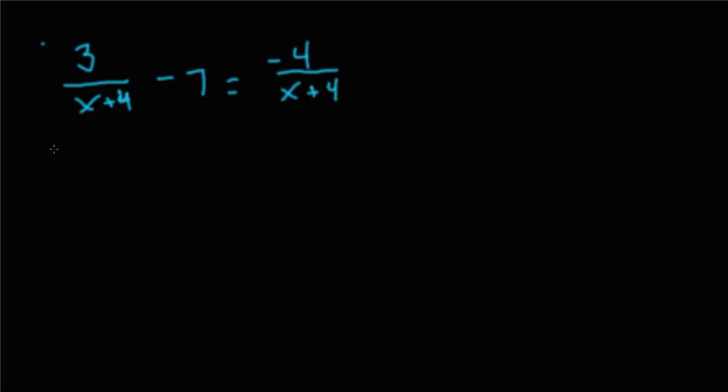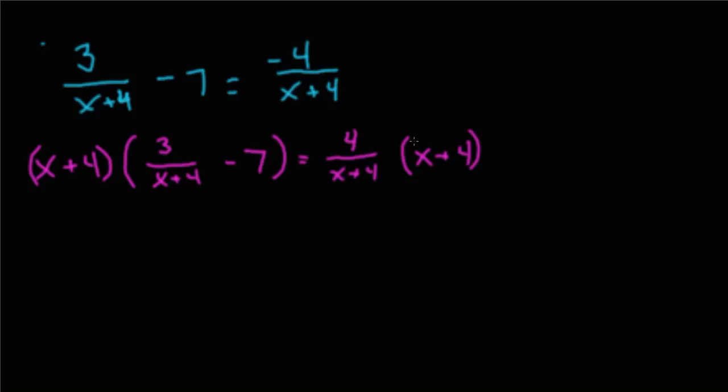And I'll show you that. If we come down here and we say x plus 4, and we'll put that in parentheses to remember that we've got to multiply the whole thing by that. And then we multiply this side of the equation, 3 over x plus 4 minus 7 equals, and remember we've got to do the same thing to both sides of the equation here, so x plus 4 times x plus 4.